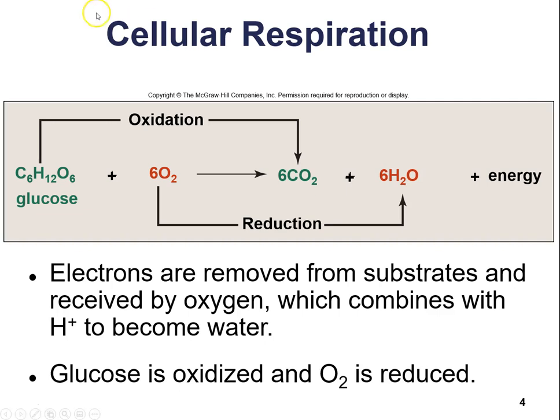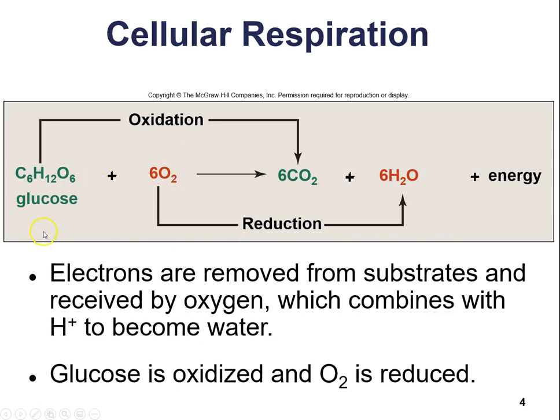So if we go back and look at this, this is the main reaction. You should be able to recognize this as cellular respiration. You also should be able to recognize the main equation for photosynthesis as well. So here again, you're starting off with glucose. Also, you need oxygen.